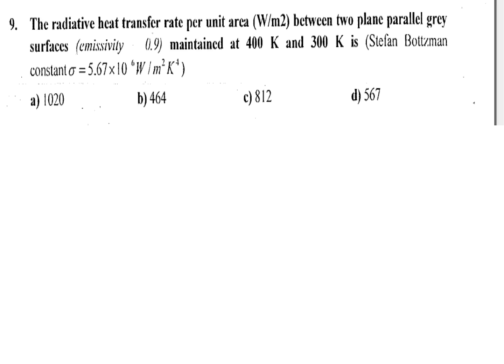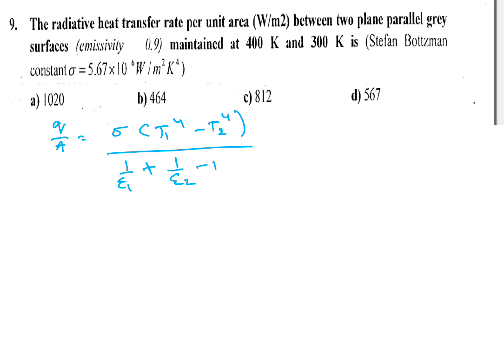We have to find Q by A, which is sigma (T1 to the power 4 minus T2 to the power 4) divided by (1 by epsilon 1 plus 1 by epsilon 2 minus 1). We will do part by part. This one is already discussed.